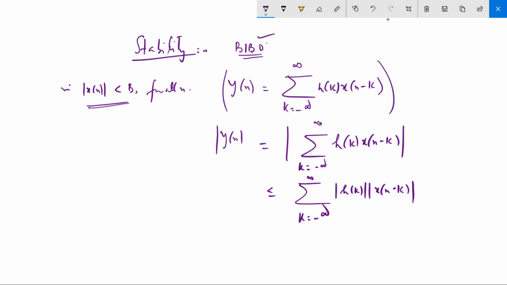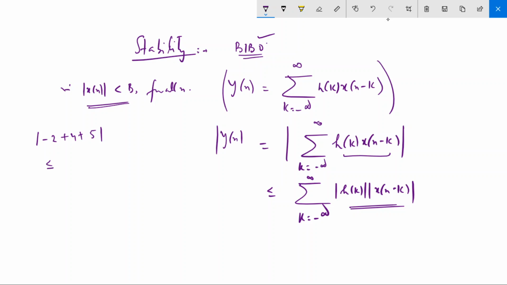I hope you can understand this. It means the magnitude of a sum of products is less than or equal to the sum of the products of the magnitudes. It is like this. Suppose you take the magnitude of minus 2 plus 4 plus 5.